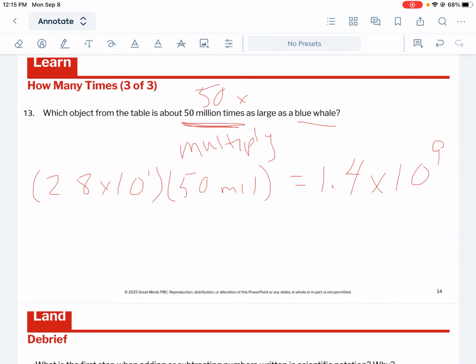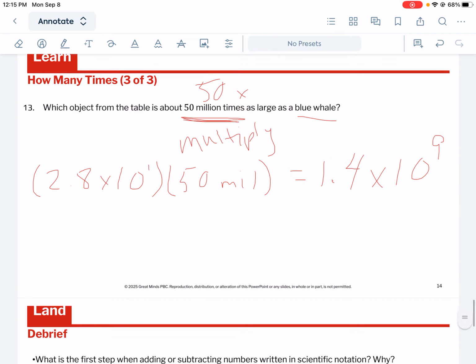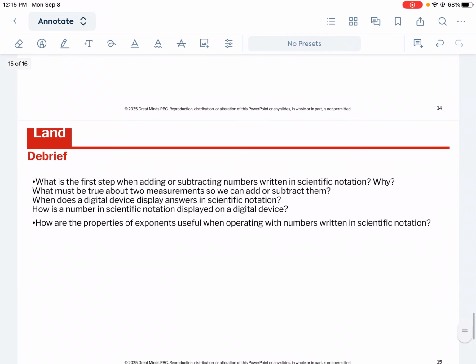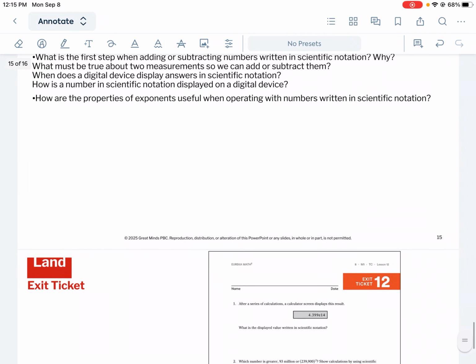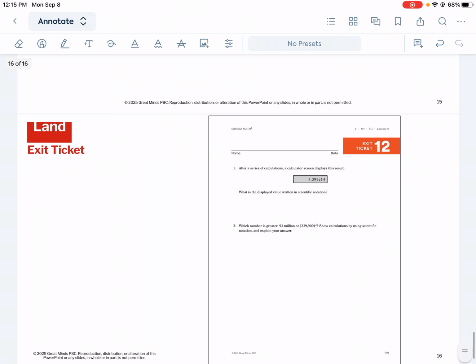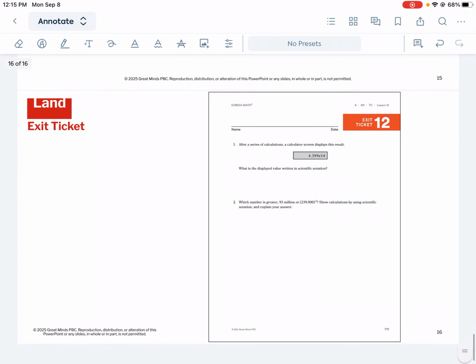In the meantime, knock out your exit ticket. In order to be successful at this exit ticket, you need to know what that E means. You also need to be able to calculate with it. Normally, I would want to do this with you just so you can have that calculation on the board for everybody to see.